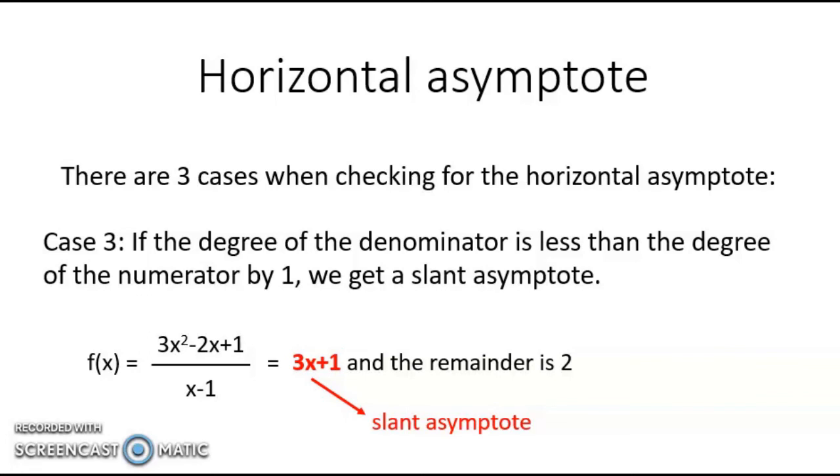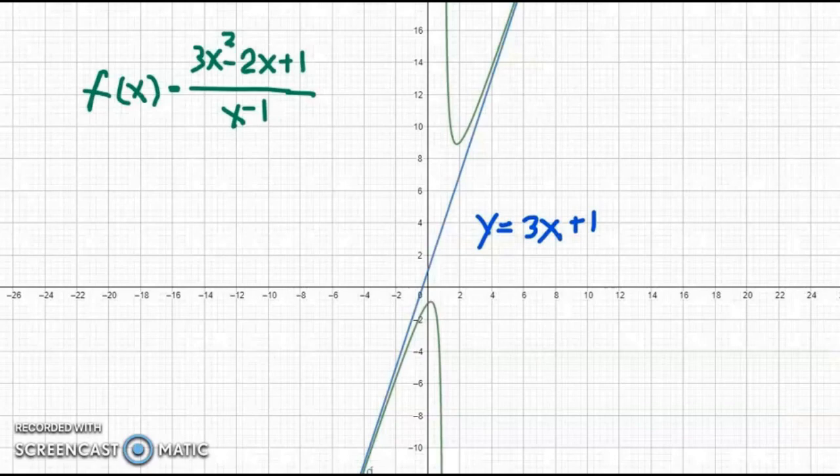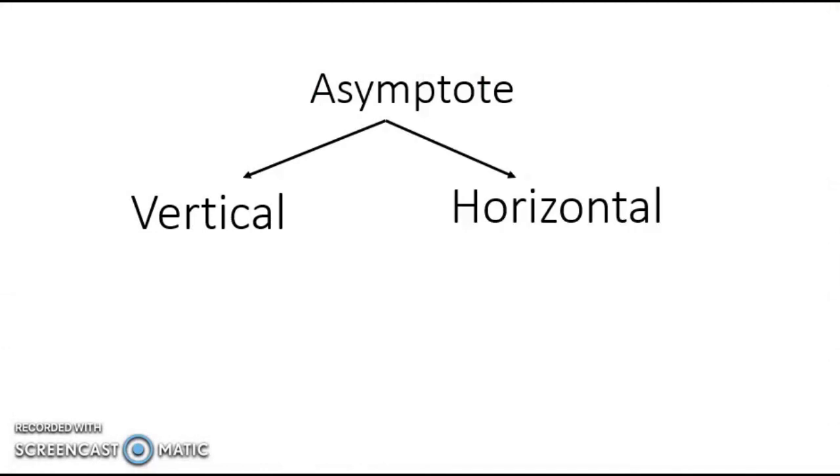So this is the graph of the function (3x squared minus 2x plus 1) all over (x minus 1). And this line, y equals 3x plus 1, is its asymptote. And it is a slant asymptote. Okay, so to have a recap, asymptote can be vertical and horizontal.